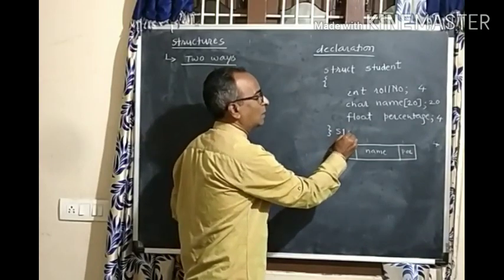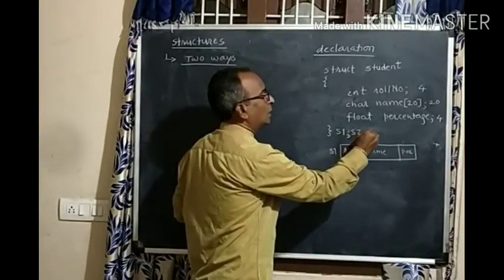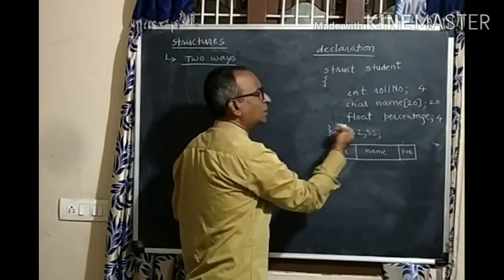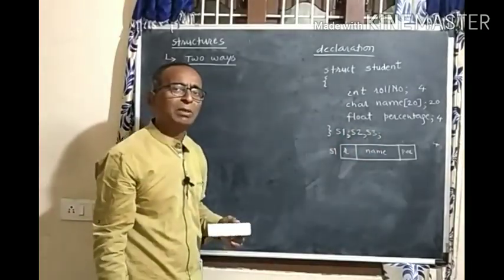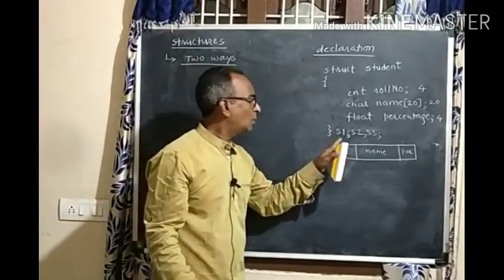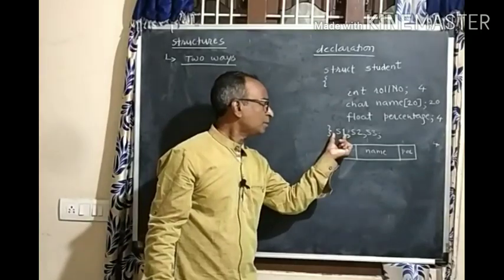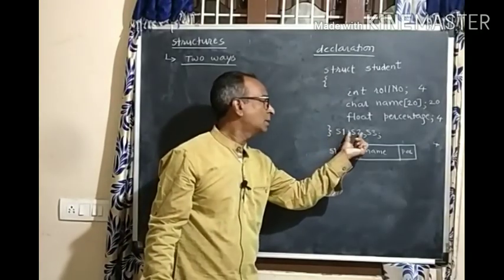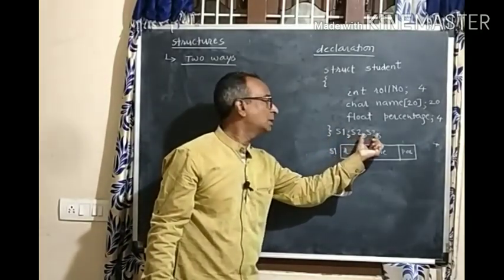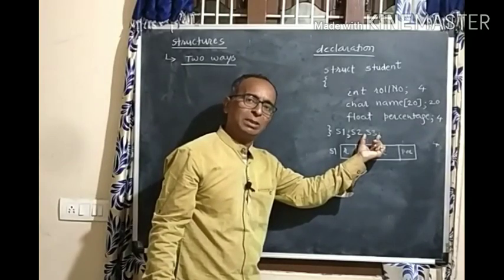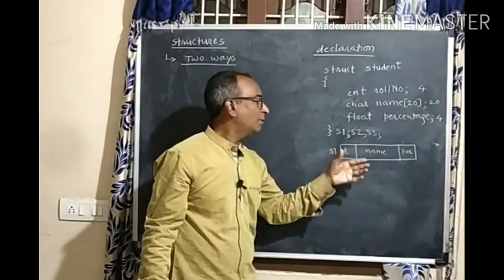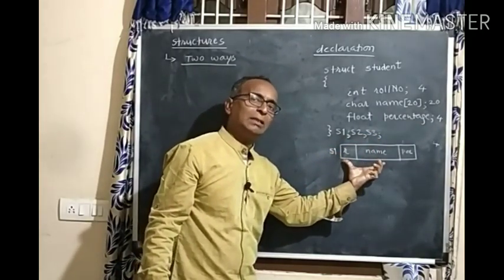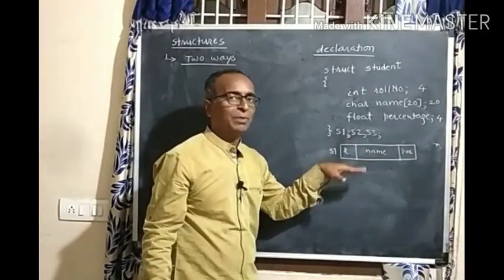Like this, s2, s3, this way, many number of variables can be created here. So, how much memory will be allocated? For s1, 28 bytes, for s2, 28 bytes, for s3 also 28 bytes. So, this way, when variables are created, then only memory is given.